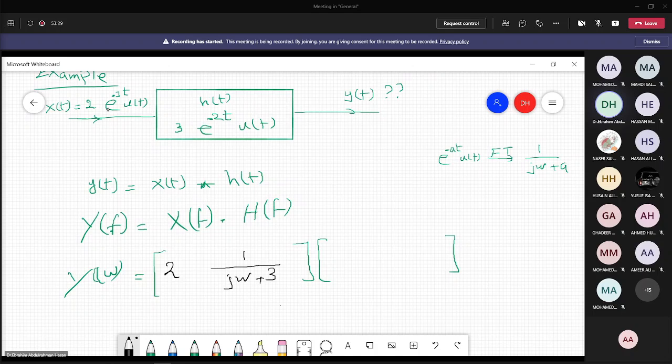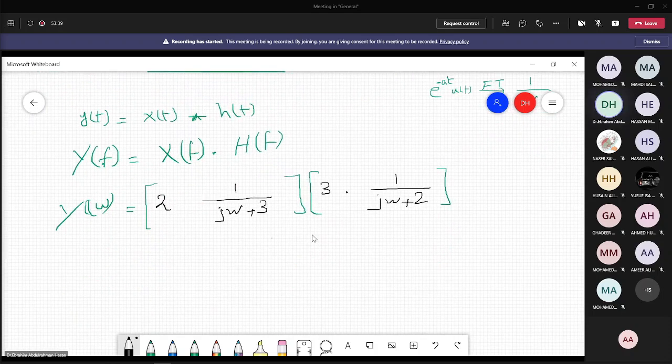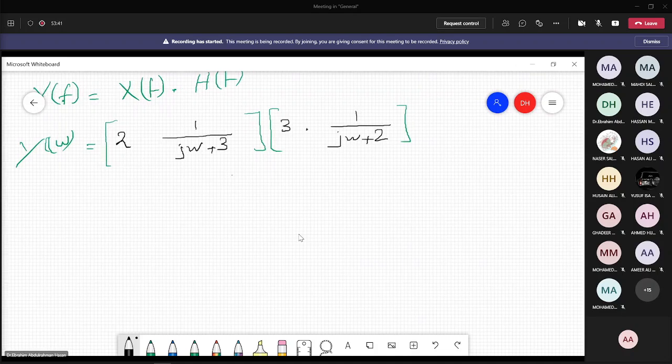Again from the table, it is equal to 3 multiplied by 1 over j omega plus 2, where a equals 2. Now it is just math. So this one is equal to 6 divided by (j omega plus 2) multiplied by (j omega plus 3).